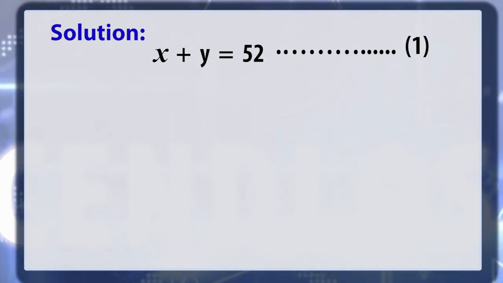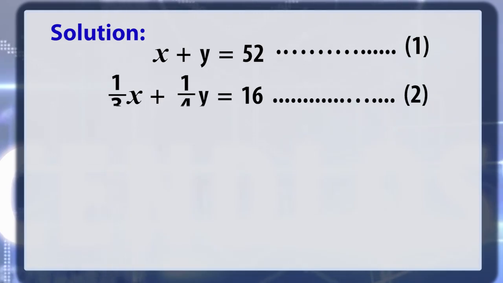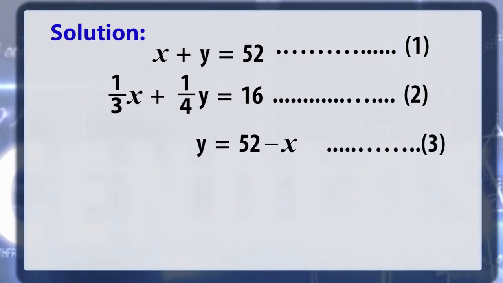That is equation 1. Then also we have 1 over 3x plus 1 over 4y is equal to 16, because we are told that 1/3 of the boys and 1/4 of the girls are science students, and the total number of science students is 16. So from equation 1, we have y is equal to 52 minus x.